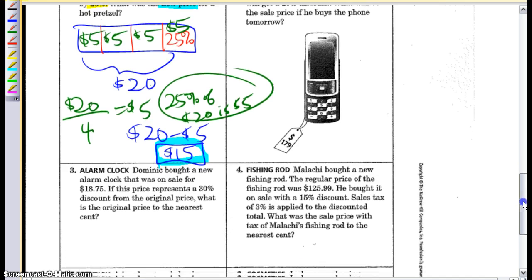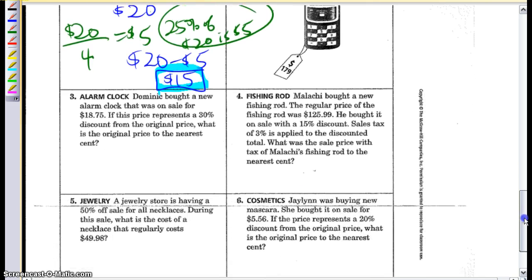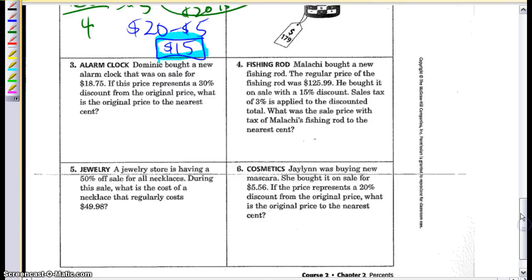Okay, let's look at number 4. Malachi bought a new fishing rod. His fishing rod cost $125.99. It was on sale. Later they're going to add a sales tax. So what is the final sale price? It seems that he gets to save some money. So first we're going to take 15% of the $125.99.